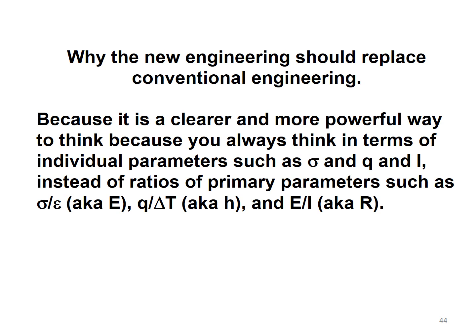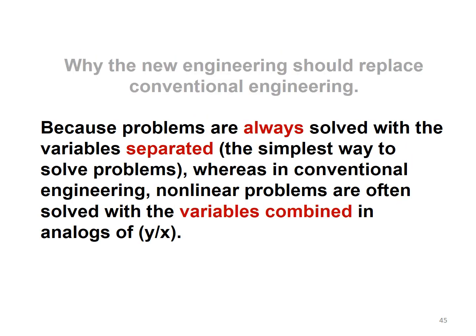And because it is a clearer and more powerful way to think, because you always think in terms of individual parameters, such as stress and heat flux and electric current, instead of ratios of primary parameters, such as sigma over epsilon, also known as E, Q over delta T, also known as H, and E over I, also known as R. And because problems are always solved with the variables separated, the simplest way to solve problems, whereas in conventional engineering, nonlinear problems are often solved with the variables combined in analogs of y over x.